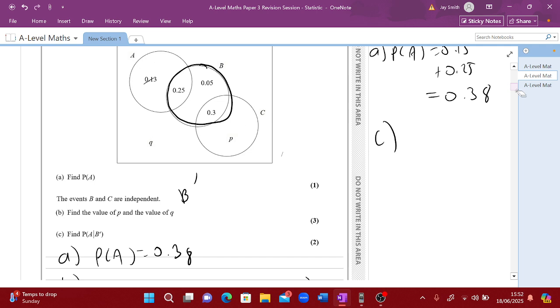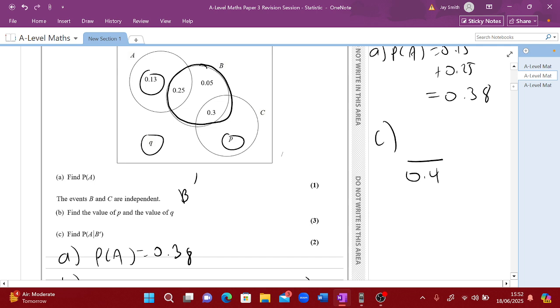So that's going to be this number P, this number Q, and the number 0.13. So given B dash, these numbers circled are our total. Out of those numbers, I know these other numbers add up to 0.6, so it's just going to be 1 take away 0.6, which is 0.4. That is these three numbers added together, 0.13, P and Q.